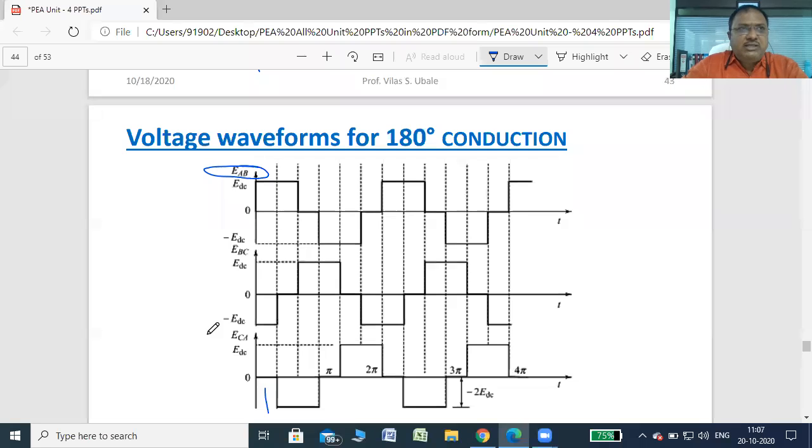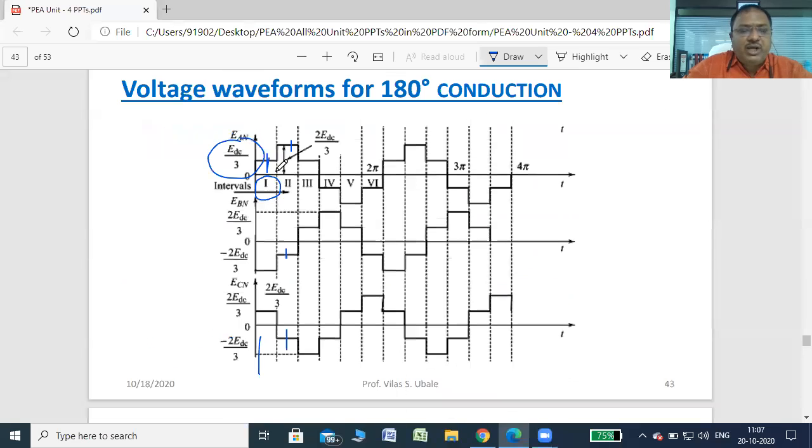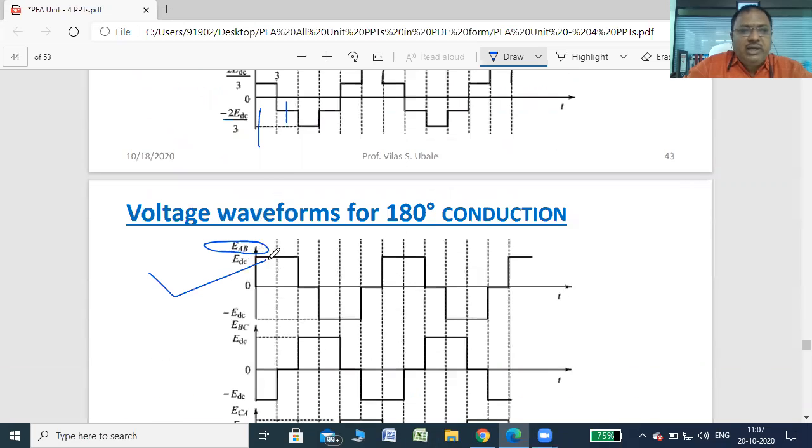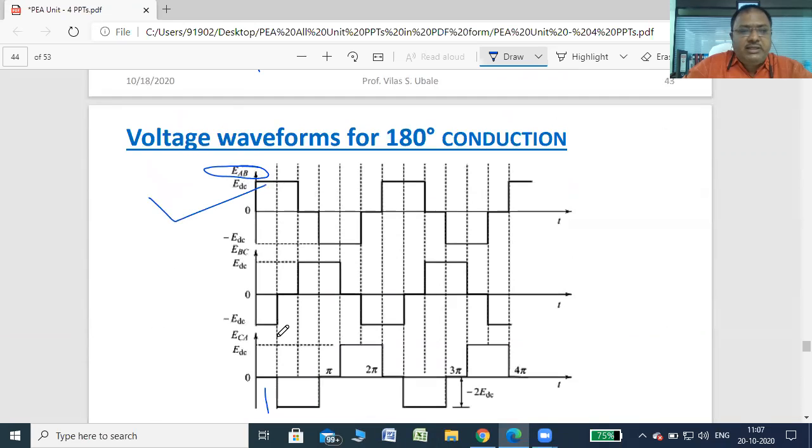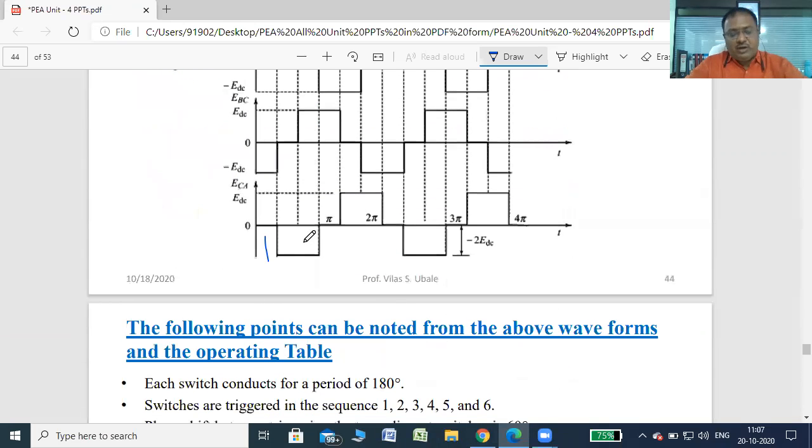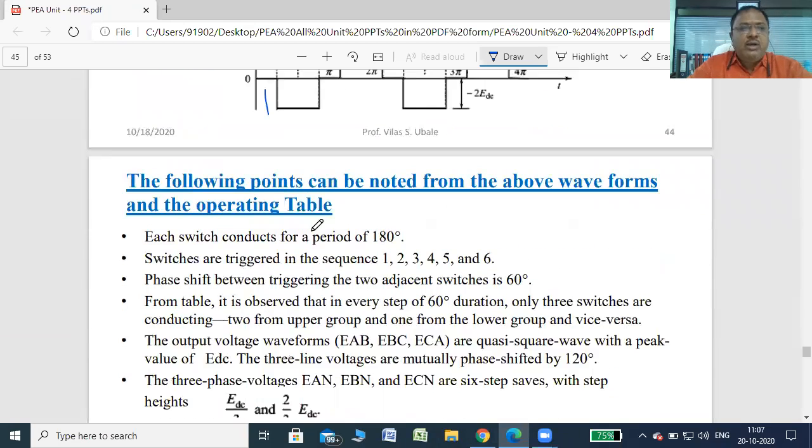So EAB is a line voltage between phase A and phase B. You can check here the addition of these two voltages A and B will be EAB, then EBC, then ECA, and the remaining three line voltages that are not shown here.